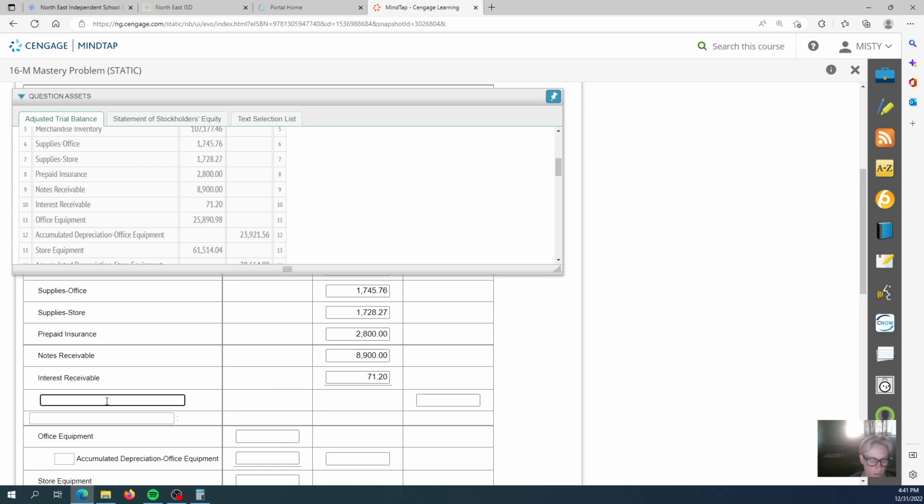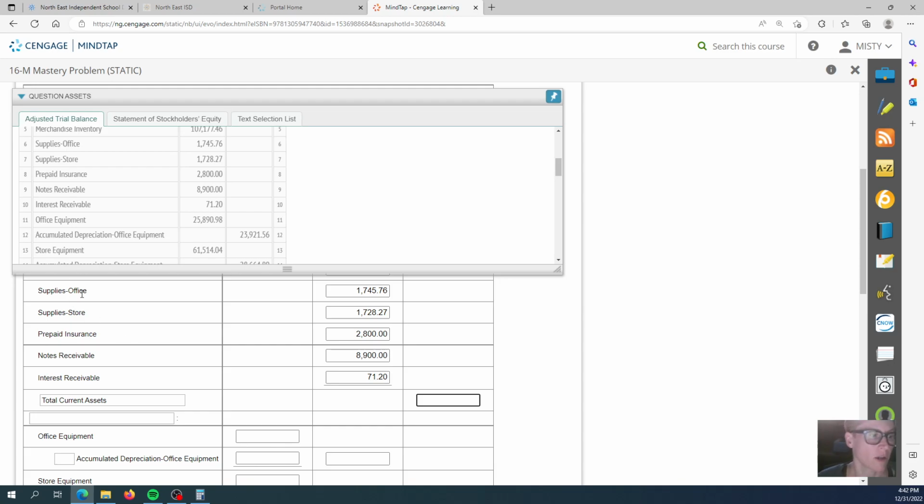Okay, and what's going to go here? Total current assets. Okay. And remember, current assets are the assets that are used up within a year, right? Very different from plant assets, which we're going to get to later.